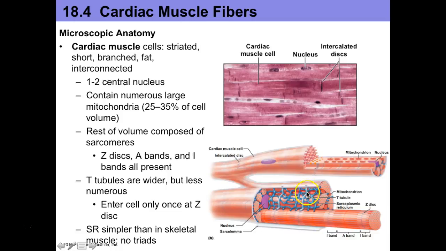We still have our T tubules. They're a little bit wider than in skeletal muscle, but they are less numerous, and these line up with our Z discs like you can see here. Our sarcoplasmic reticulum will still be present, but it's a little bit simpler. We don't have those terminal cisternae that would line up with our T tubules, so we really don't have any triads.